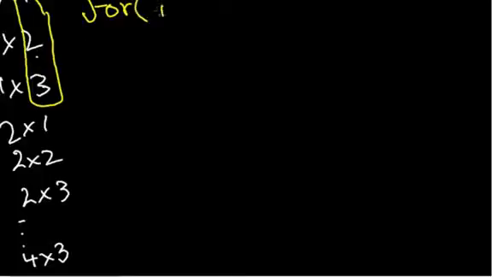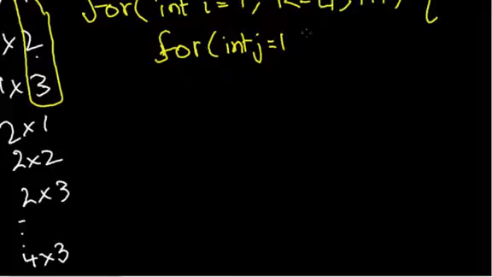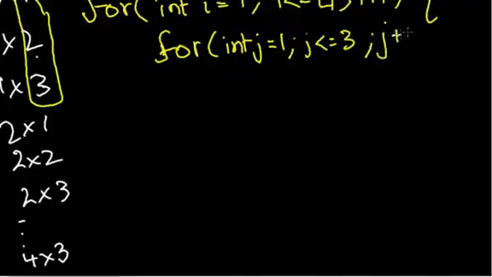So let's say we have for int i equals 1, and it's going till 4, so i less than or equal to 4, i plus plus. Now let's say we have for int j equals 1, and i and j are just names, j less than or equal to 3, j plus plus.